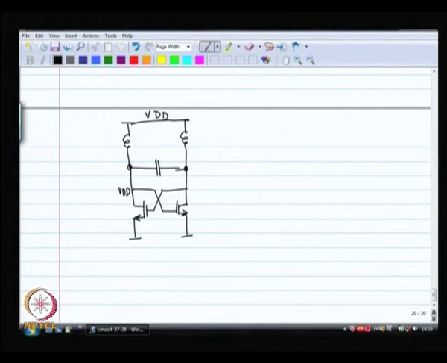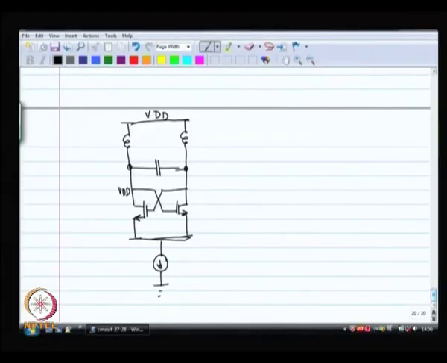So, it is going to sink a lot of current. You do not really like that. You would want a current source over here to control how much current is going through the entire thing. That also gives you a handle to what is the GM of each of these individual MOSFETs, this particular current source, right.